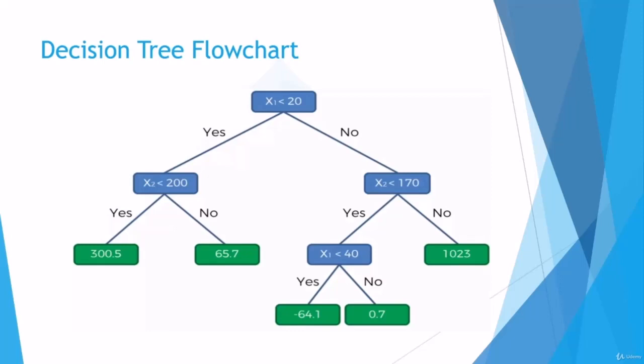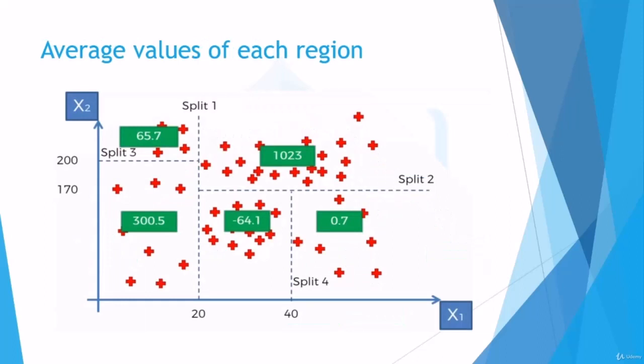So as you can see, suppose x1 is at a particular value. If it's less than 20, then the outcome is yes, and we go to the next internal node. In this case also, if the outcome is yes, then we get the label 300.5, which belongs to a particular region. So this is the final task done by the decision tree, assigning the average value to each region.